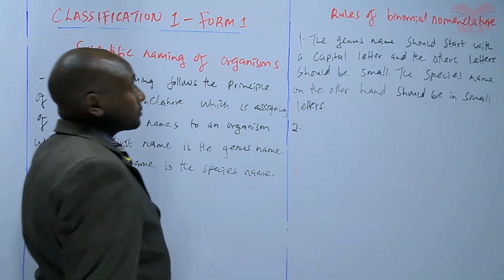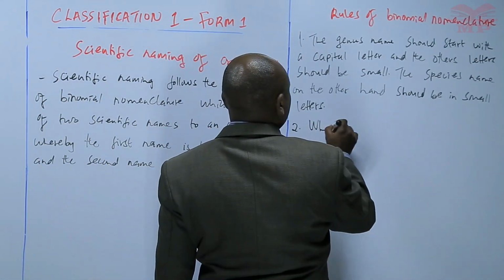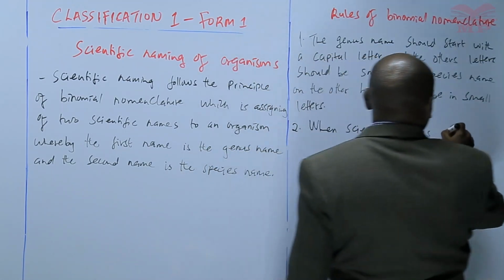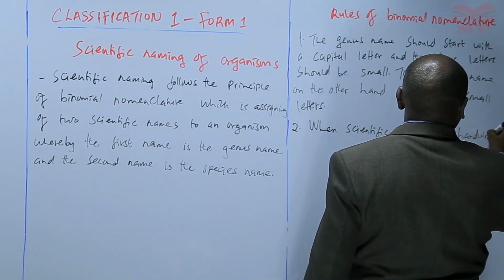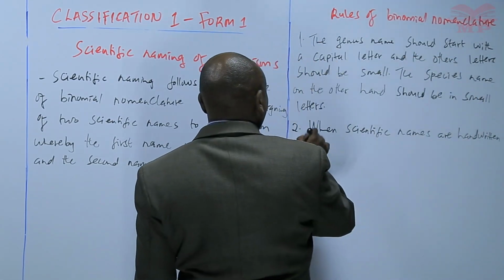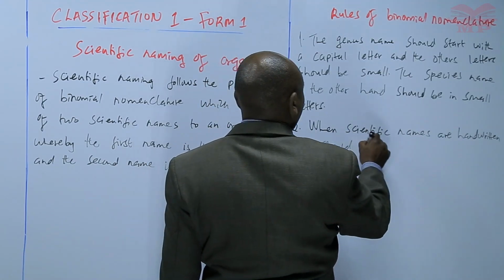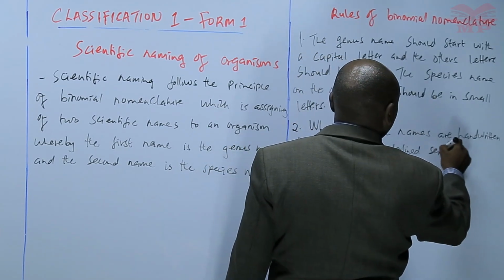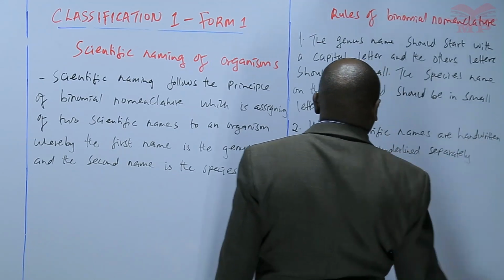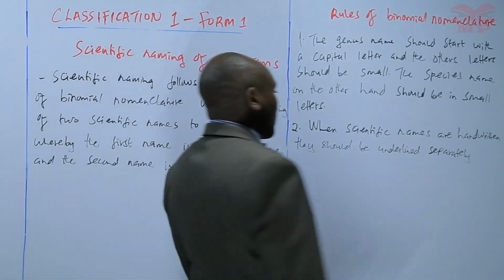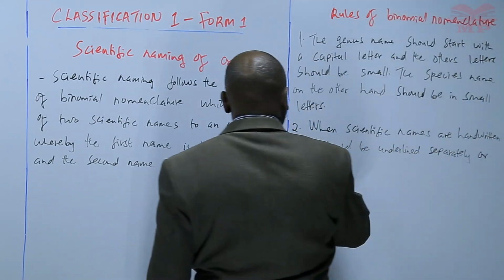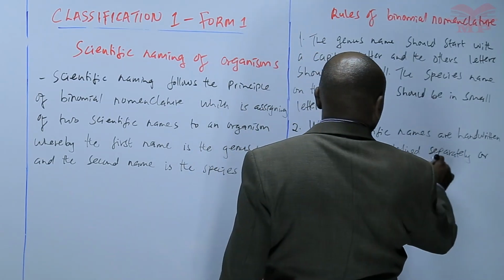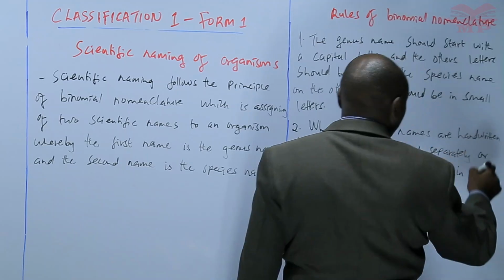Rule number 2, when scientific names are handwritten, they should be underlined separately, that is separately as two names, or when typed should be written in italics.